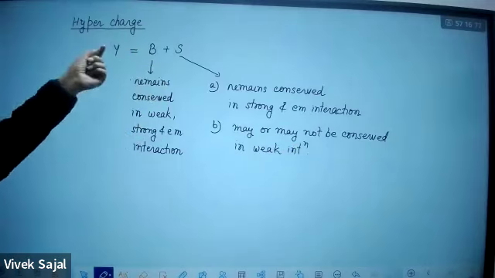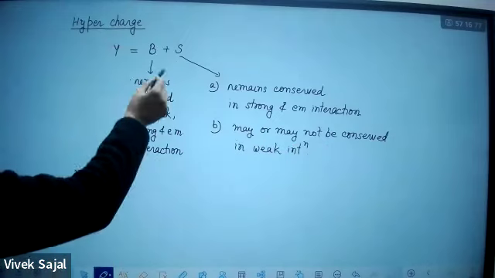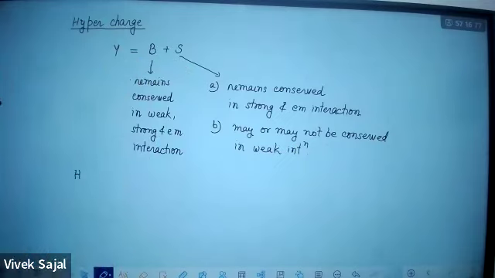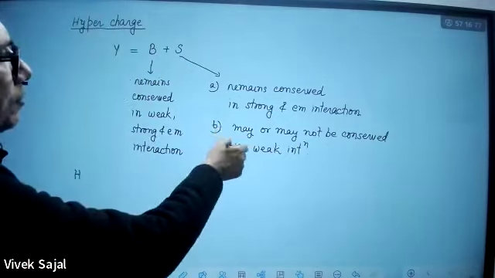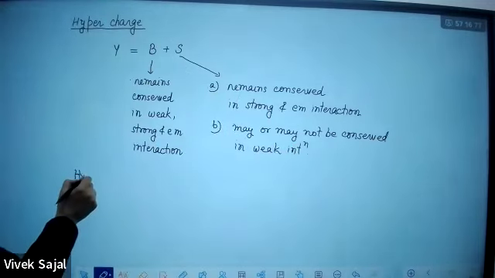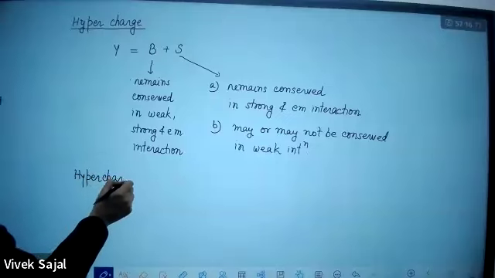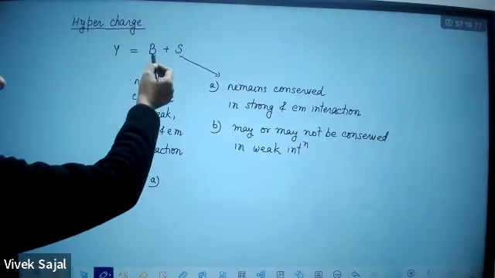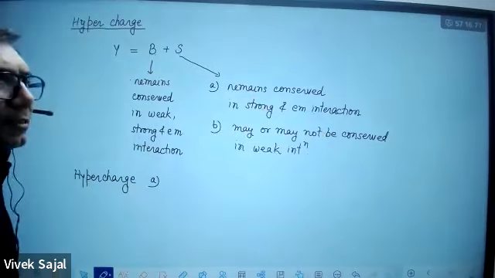Now B plus S is represented by hypercharge. Because B will always be conserved, only S is going to decide the conservation of Y in weak, strong, and electromagnetic interaction. Try to understand this. B will always be conserved, and in strong and electromagnetic interaction, S will also be conserved.